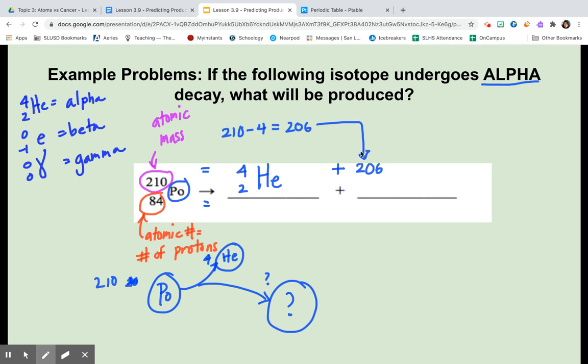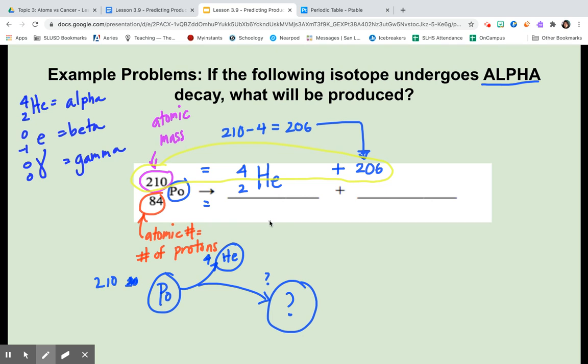And that's how I got this top number. So if you imagine that the top row is just one equation on its own, 206 plus 4 will give me 210.